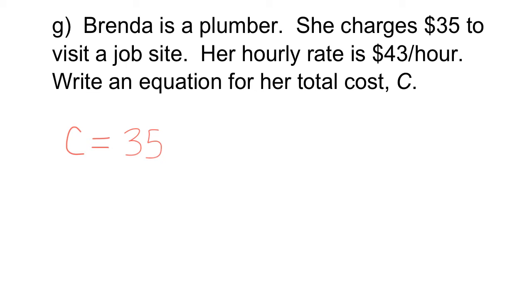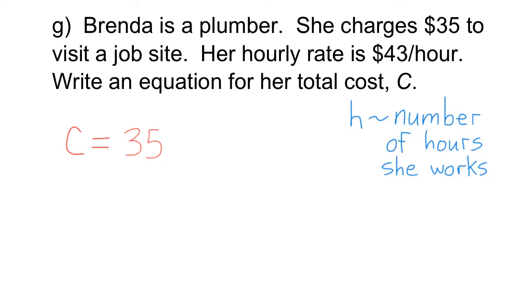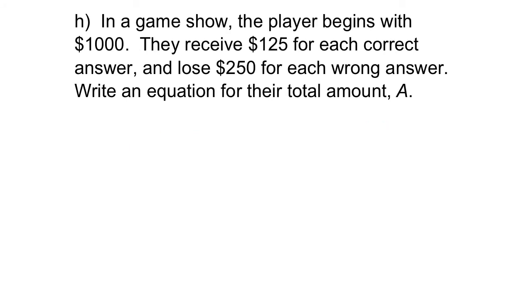So I'm going to have to make that into a variable. So let H represent the number of hours she works. So to calculate the cost, C is equal to the $35 just for coming out to the job site plus $43 for every hour she works. So my equation is going to be C equals 35 plus 43H.